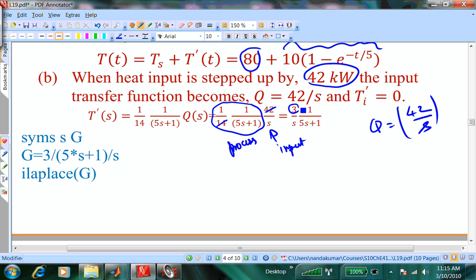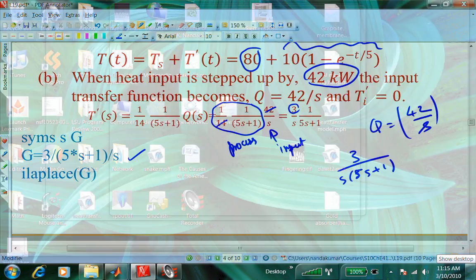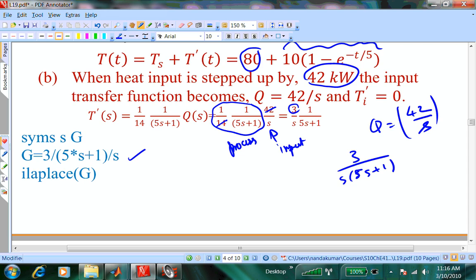The transfer function becomes 3 divided by s times 5s plus 1. G is 3 divided by 5s plus 1, divided by s. So this G is the total transfer function, the input times the process transfer function. That is the output transfer function. I don't think I need to go to MATLAB to type this in, right? You can see the same thing.